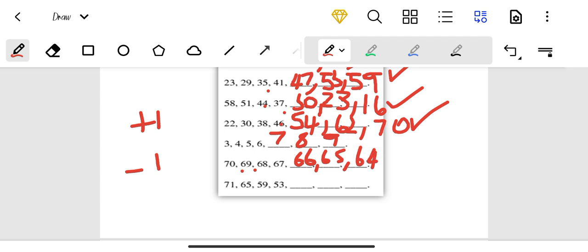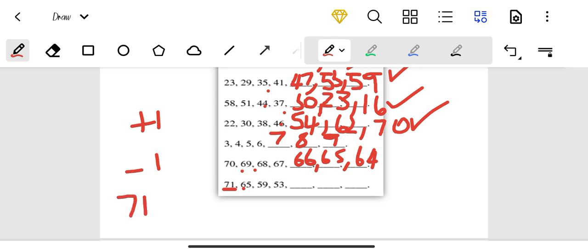And the last one we have 71, 65, 59, and then we have 53. So we had 71, and then now we have 65. What happened?